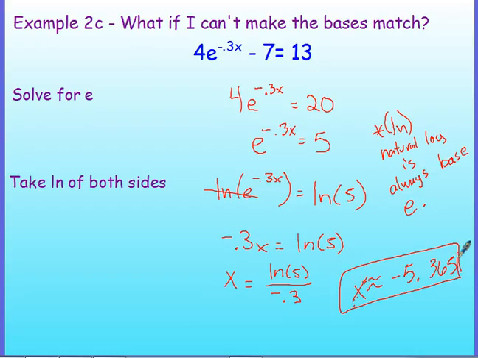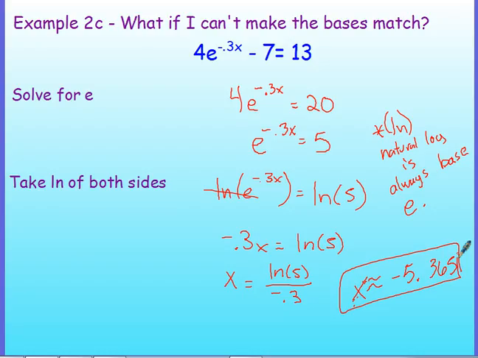Any questions? So what do I do if I can't change my bases, if I can't match my bases? I'm going to use logarithms. Got it? If I have an exponential function and I can't match my bases, I'm going to use logarithms. We good with that? Any questions?